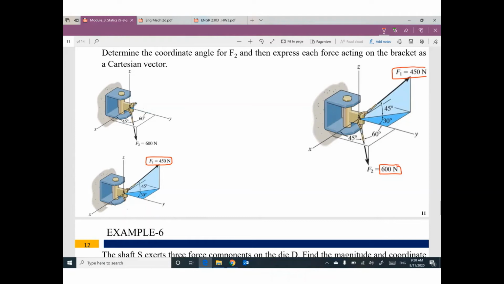Do you have the given angles between projection line and the X or Y axis? I think yes. We have a line here. This line is not X. This line is not Y. This line is not Z. So this line can be called projection line.